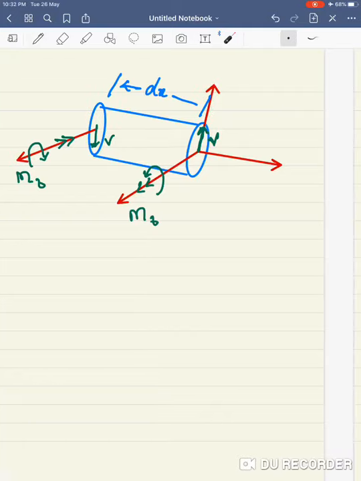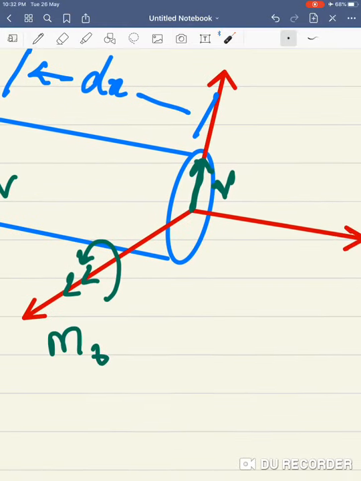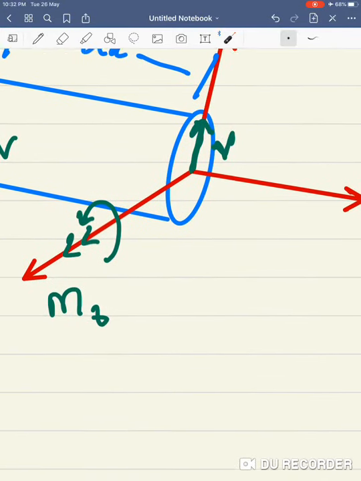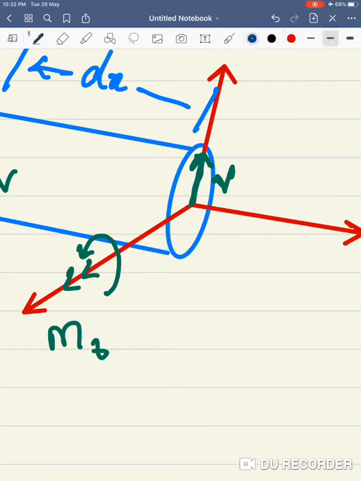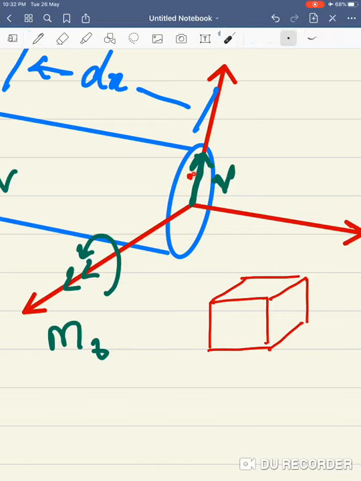One of the first things you want to notice is that, let's say you take an imagined box here. This is a differential volume, and I've just drawn that here, right over here.